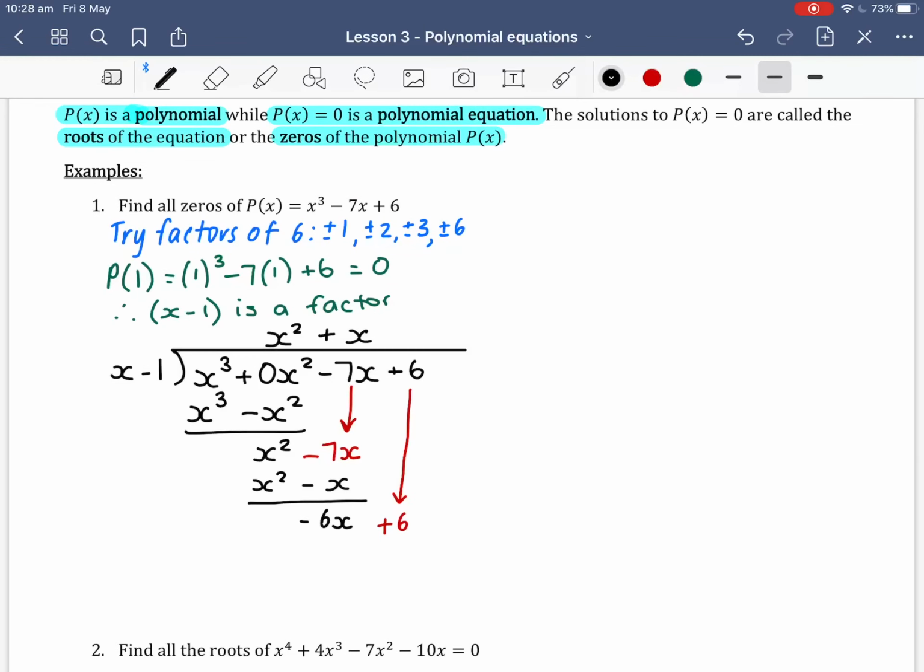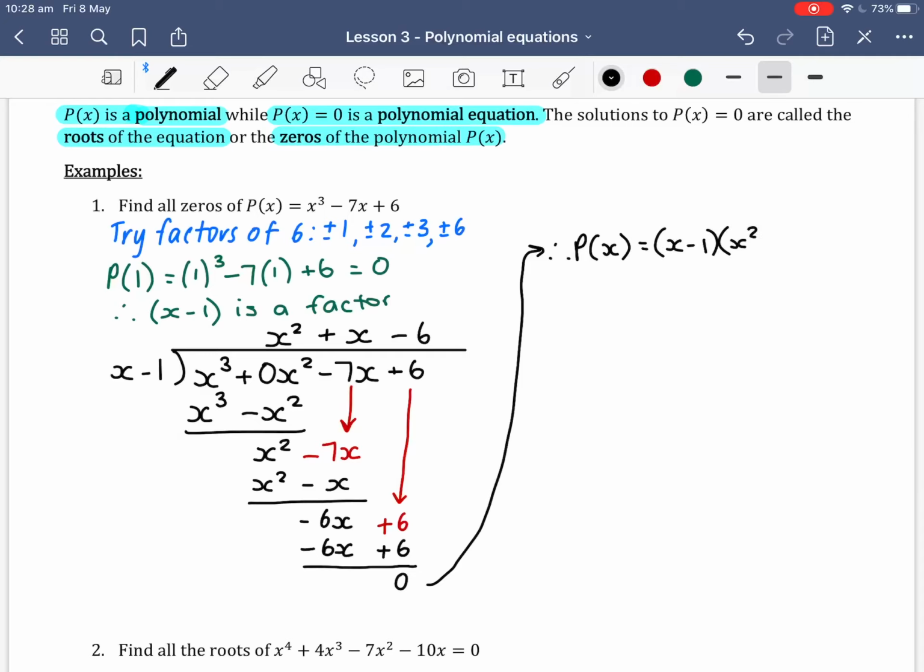So then we go minus 6x divided by x is minus 6, so then we multiply minus 6 by x, so we get minus 6x, and minus 6 times negative 1 is plus 6. And we subtract all of this, so minus 6x minus negative 6x is 0, and then 6 minus 6 is 0.